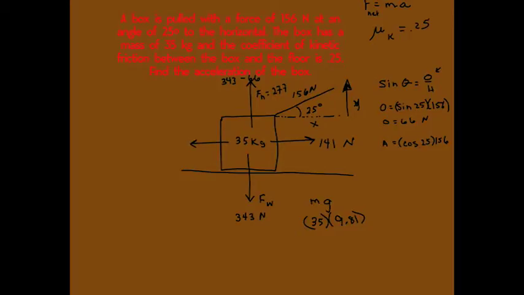Now I've found three of my forces, but remember, I've also got friction going on back here. Now my coefficient of kinetic friction comes into play. My coefficient of kinetic friction is 0.25. And I want to know what the force of this friction is. That's going to be equal to the coefficient of kinetic friction times the normal force.